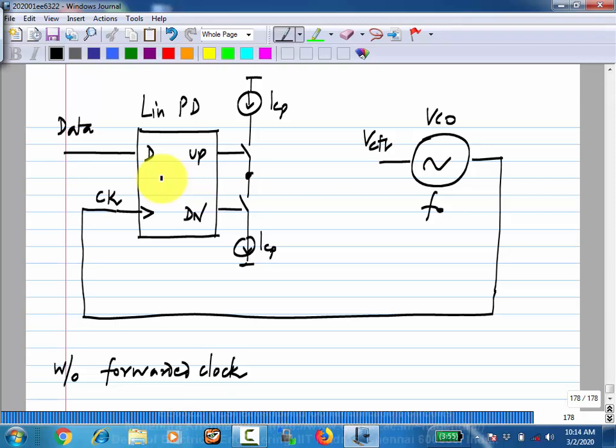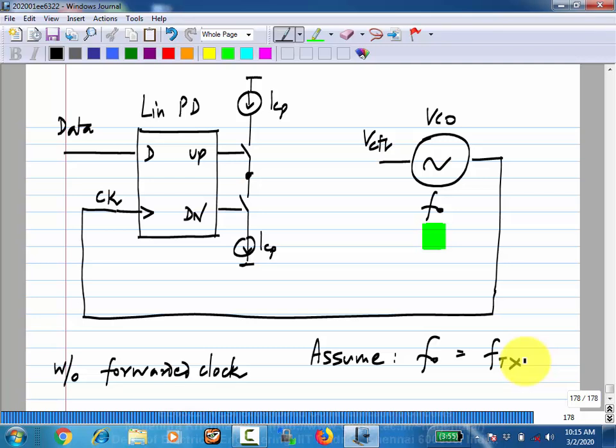Okay. Now first I will assume something completely unreasonable. That is that the free running frequency here is exactly same as the transmit clock frequency. Okay. This is of course not practical, so later we will fix this, but first assume that the free running frequency is exactly same as the transmit clock frequency.